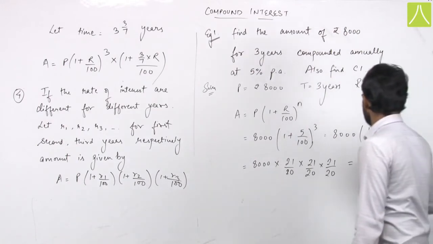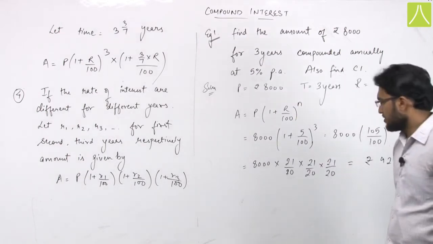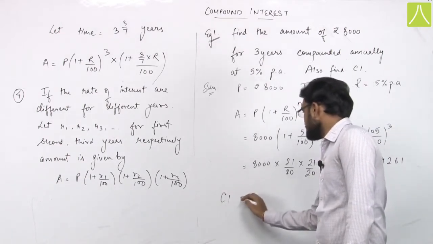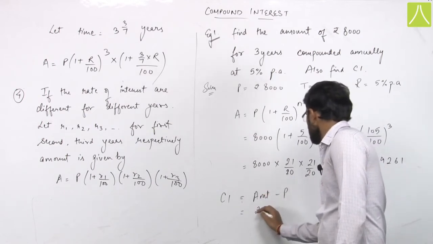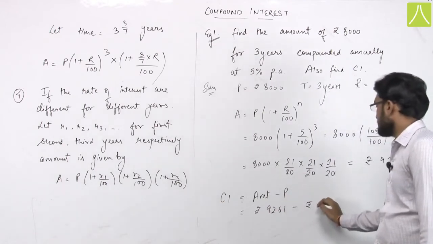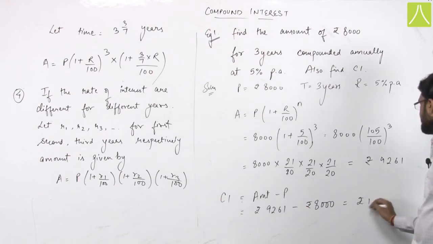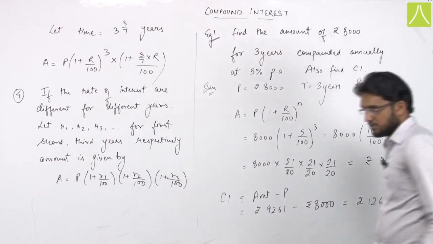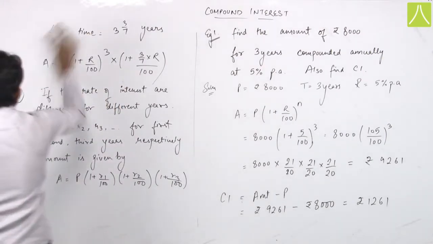Now this is the amount for the 3 years. We also calculate the compound interest, which is equal to the amount minus principal, which is rupees 9261 minus rupees 8,000, which is equal to 1261. Now this is the simple formula calculating problem.